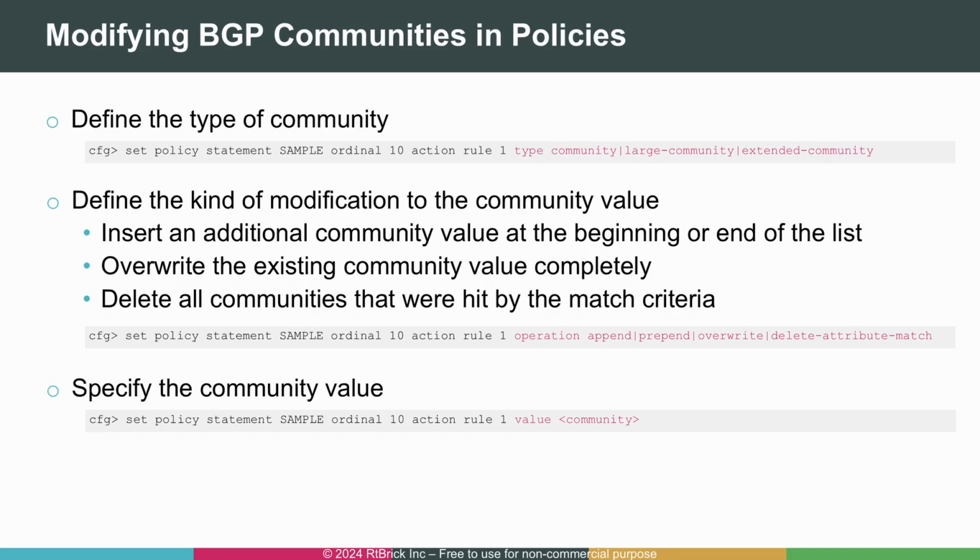But since communities are treated as unordered lists in BGP, it doesn't really matter whether they're added at the beginning or the end. The key thing to remember is that both append and prepend preserve existing communities, while overwrite replaces them entirely. In each case, you'll need to specify the community value you want to apply.